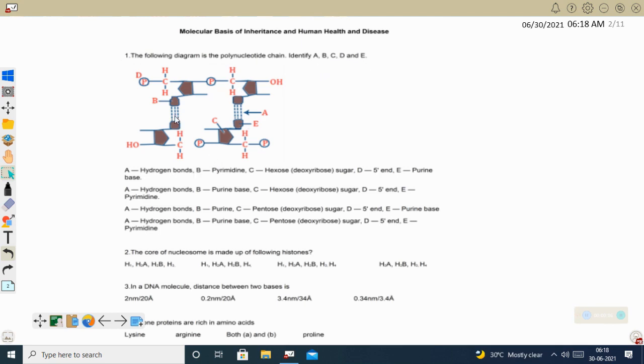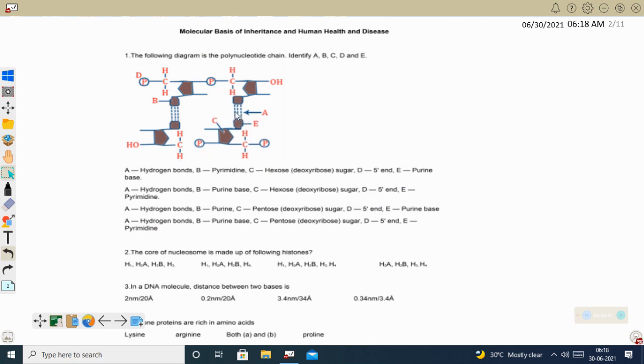You see here, a double-stranded DNA structure has been given, and this is the sugar phosphate backbone. It is deoxyribose sugar and phosphate. This is the sugar phosphate backbone, and we know the nitrogen bases are protruding towards the center region. Now we will check what A, B, C, D are.